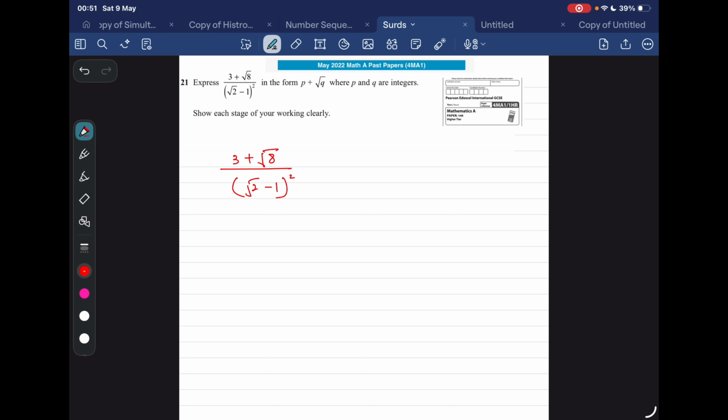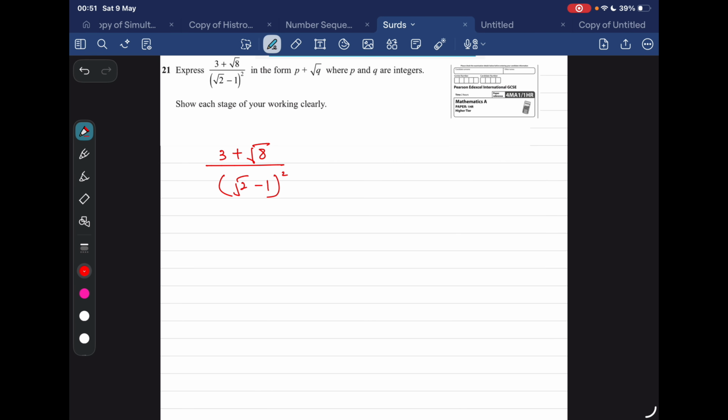So when we solve this surd question, don't worry if this looks difficult at first. We are going to solve this very slowly and clearly, step by step.